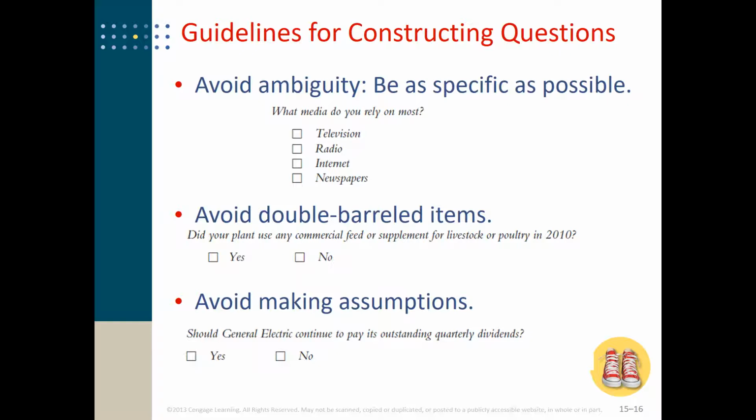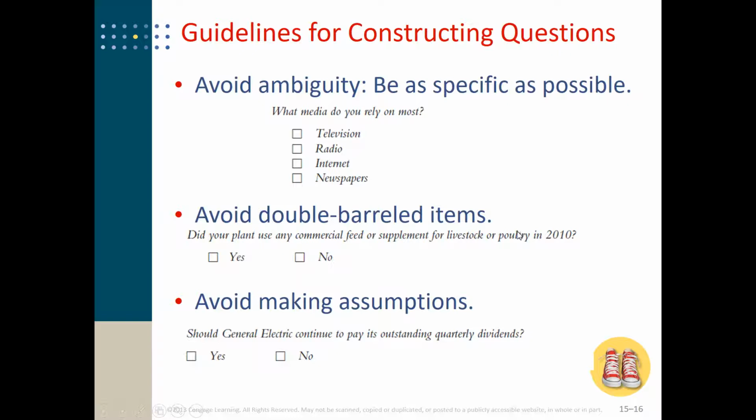Avoid double barrel items. Keep in mind that one question should cover only one issue. One question should not cover more than one issue. If one question covers two issues, we call it double barrel. For example, did your plant use any commercial feed or supplement for livestock or poultry in 2010?